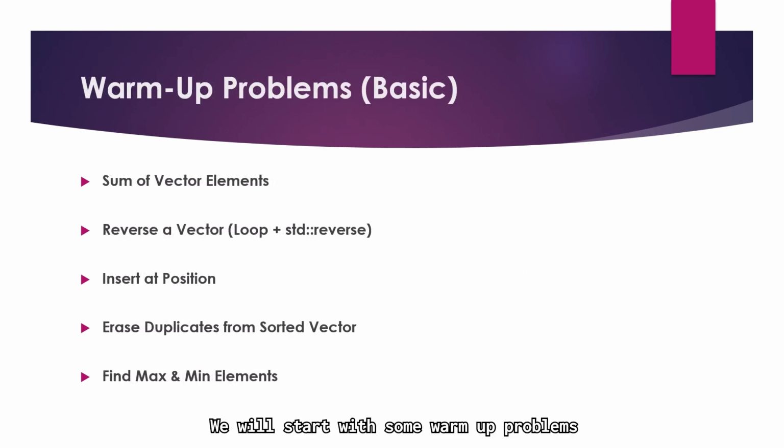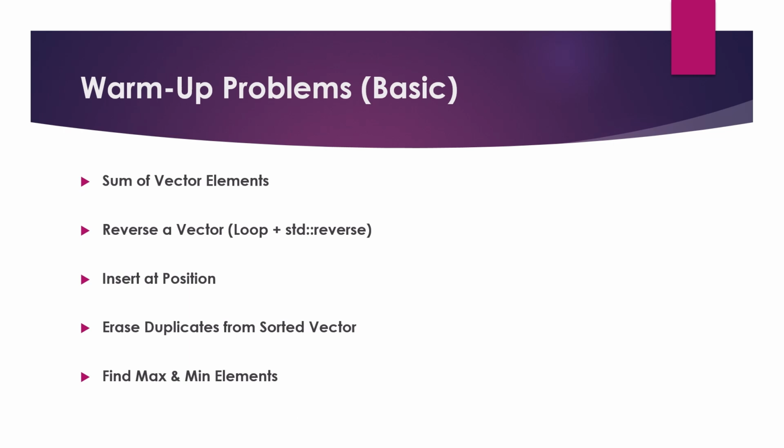We will start with some warm-up problems to activate our STL neurons. These are relatively simple tasks but incredibly useful to build fluency. Try writing a function to sum all the elements in a vector. It's straightforward but a great place to start testing loops and iterators. Next, reverse a vector using both a manual loop and STL's reverse algorithm. Compare them.